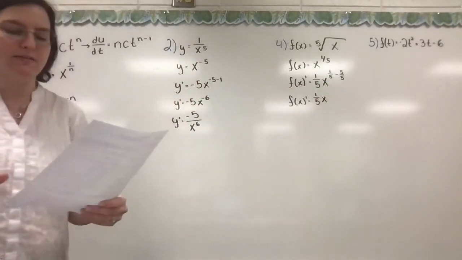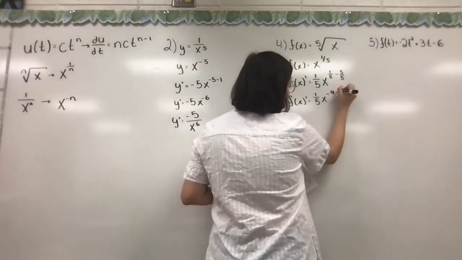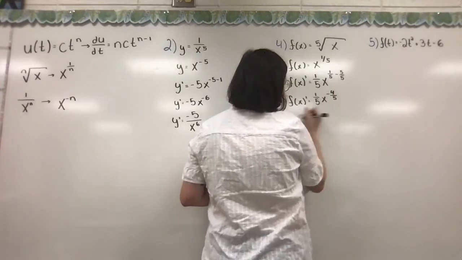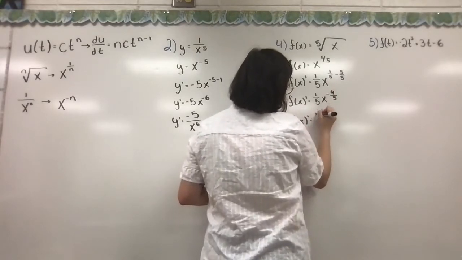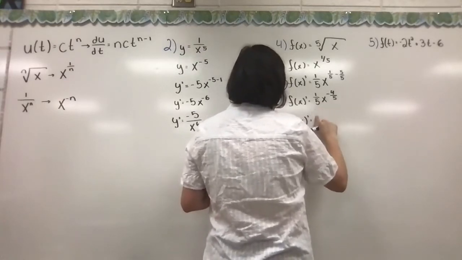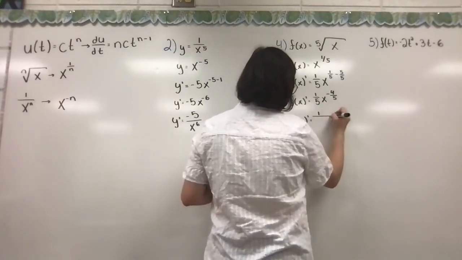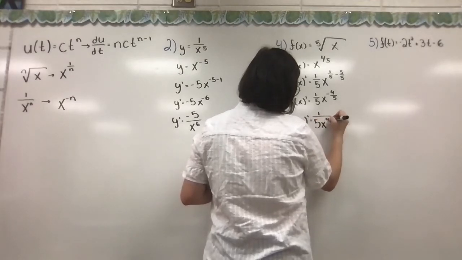What's that 1 over 5 minus the 5 over 5 going to become? Negative 4 over 5. So that means our final answer here would be 1 over 5x to the 4/5.